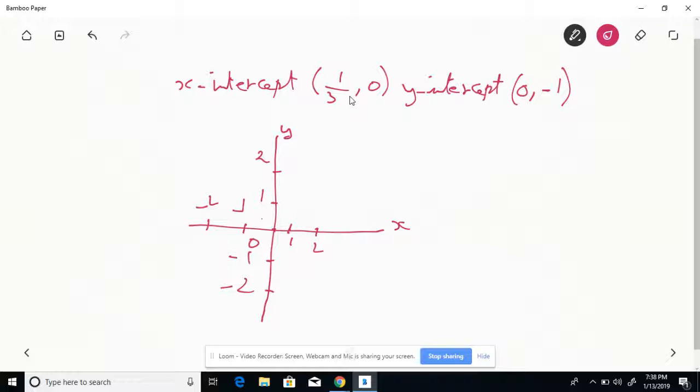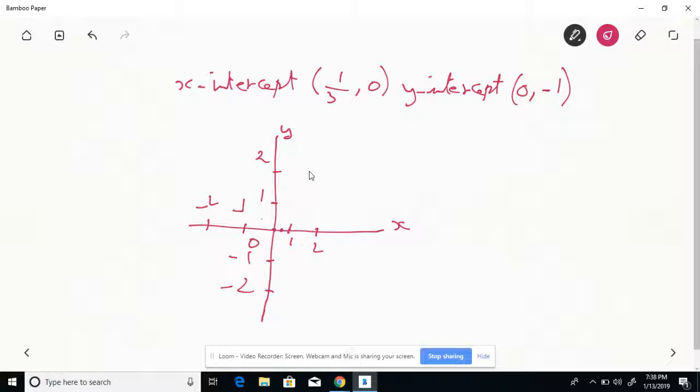The first point, the x-intercept, is 1 over 3, somewhere in this place, about 0.25 I think, and y is 0. For the y-intercept, x is 0 and y is -1.